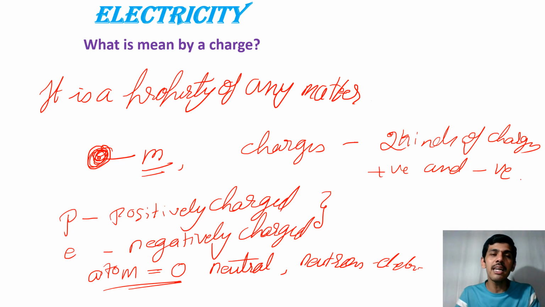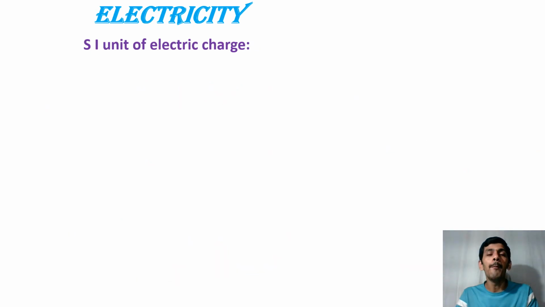So next, if we know what a charge is, then how do we measure it? In order to measure any physical quantity, there must be some unit. For example, if I ask you what your mass is, your answer will be this much kg.